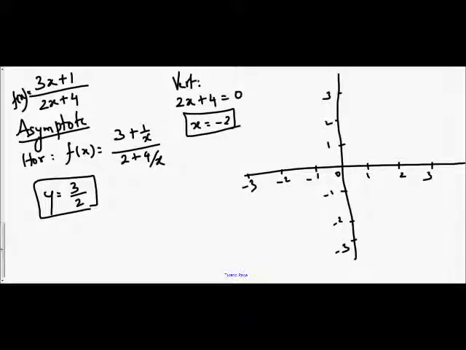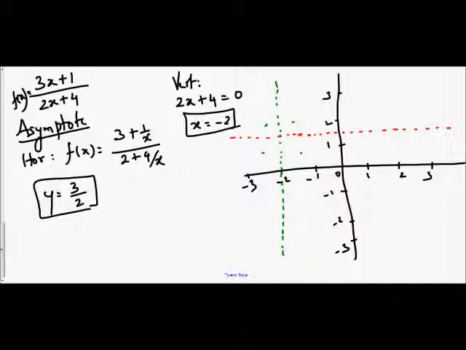Let me draw the asymptotes first. 1.5 for y, which should be along this. This is horizontal. And for vertical, x is equal to minus 2. So this goes like this. So the curve should be either in this part or here or here or here. So we should see how it goes.